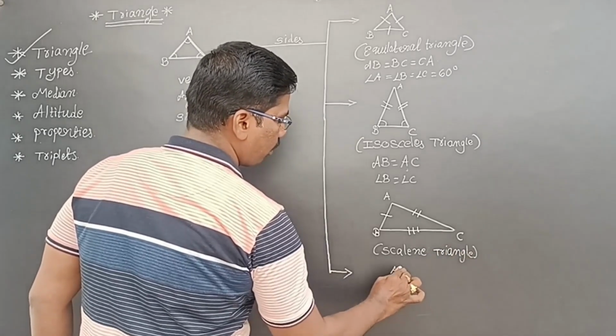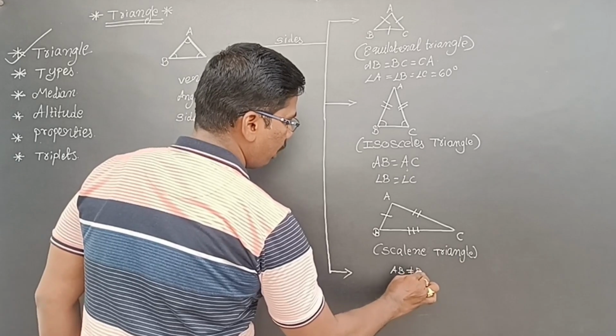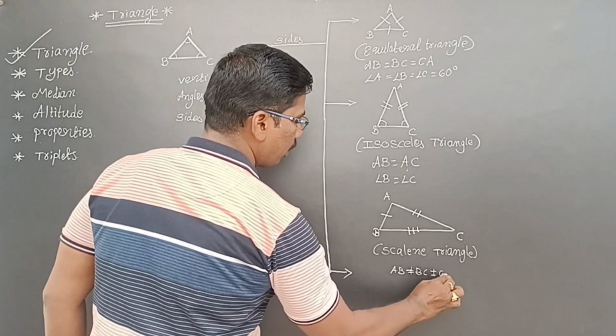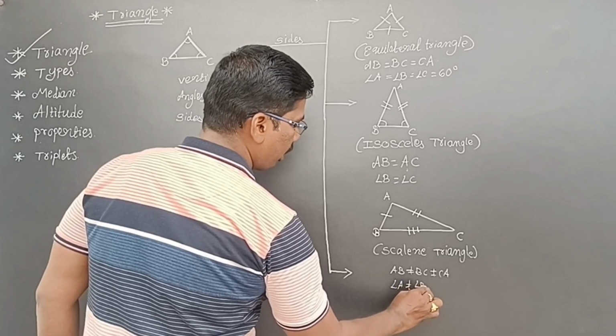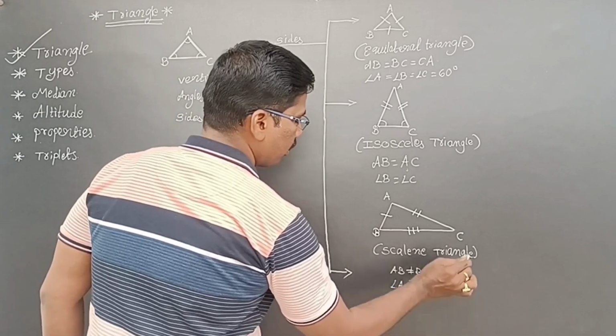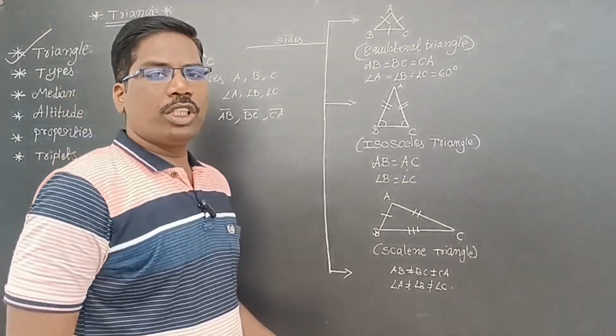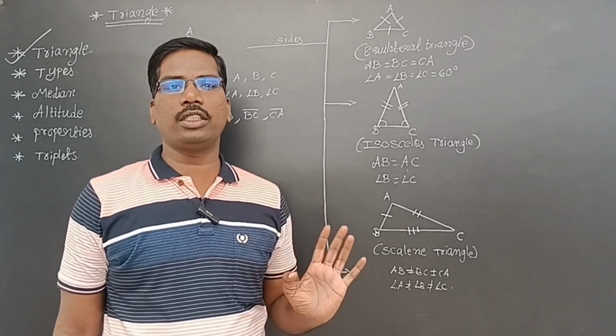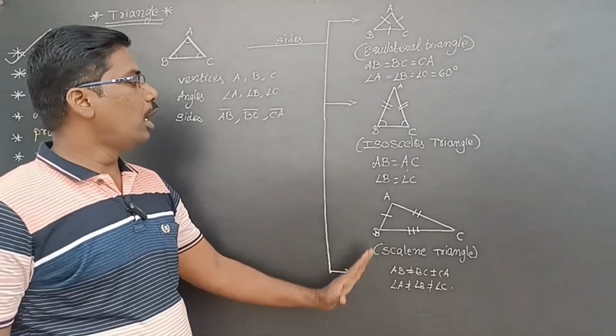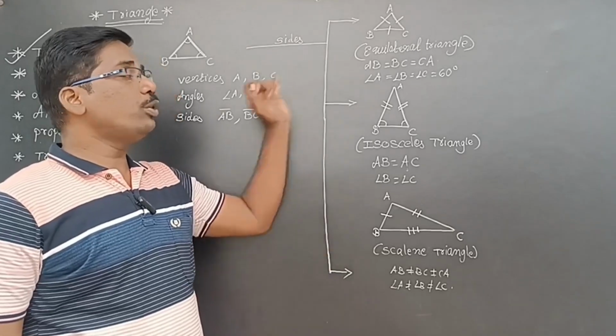Here AB is not equal to BC is not equal to CA, or angle A is not equal to angle B is not equal to angle C. If all sides are different, all angles are different. So these are the types of triangles according to sides.